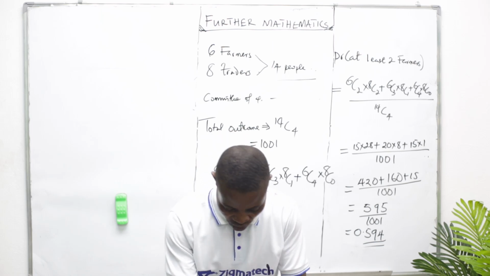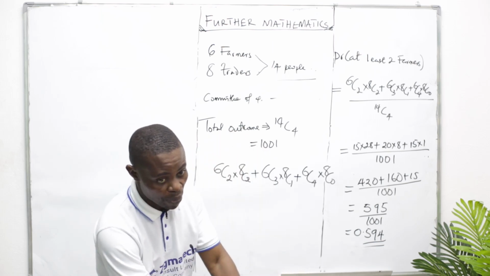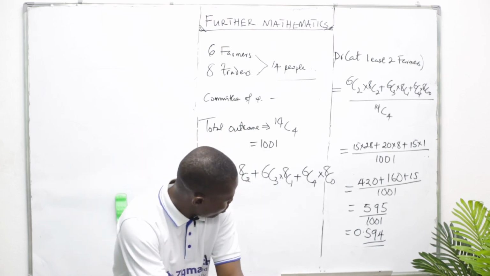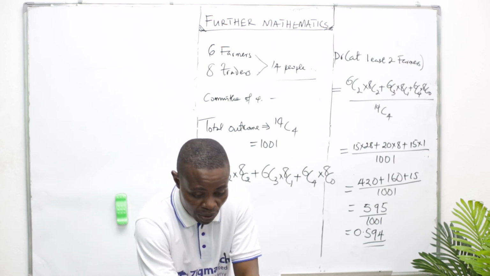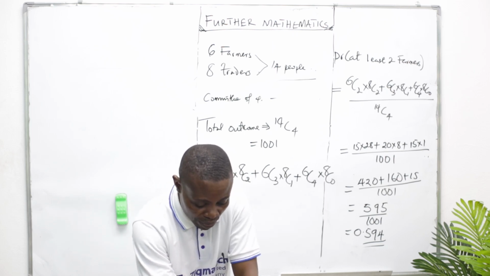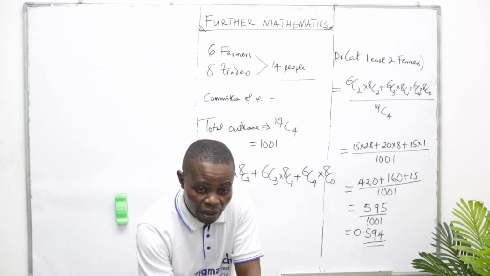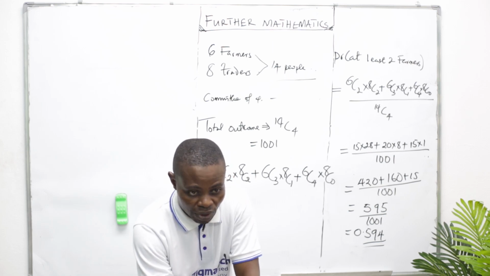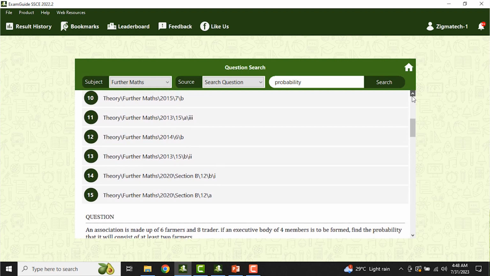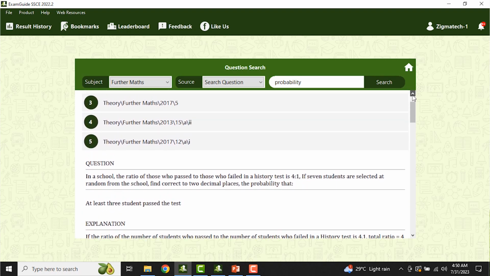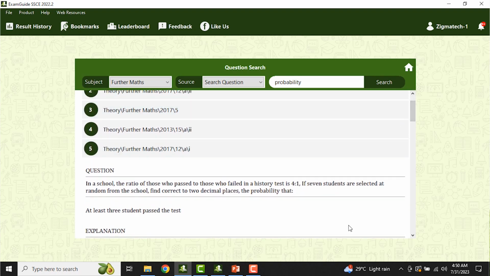so that we can call it a day for part 2, waiting for part 3. We are going to deal with normal distribution and the Poisson distribution. In a school, the ratio of those who passed to those who failed in a history test is 4:1.